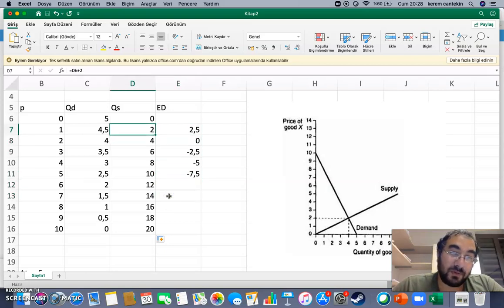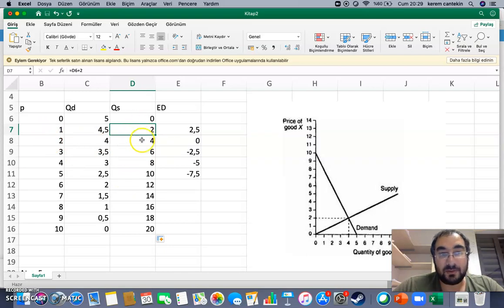So at quantity 2.5, the price is 1.25. How do I know it? Basically, you can look proportionally. When you increase the quantity supplied by 2 units, the price increased by 1 unit.